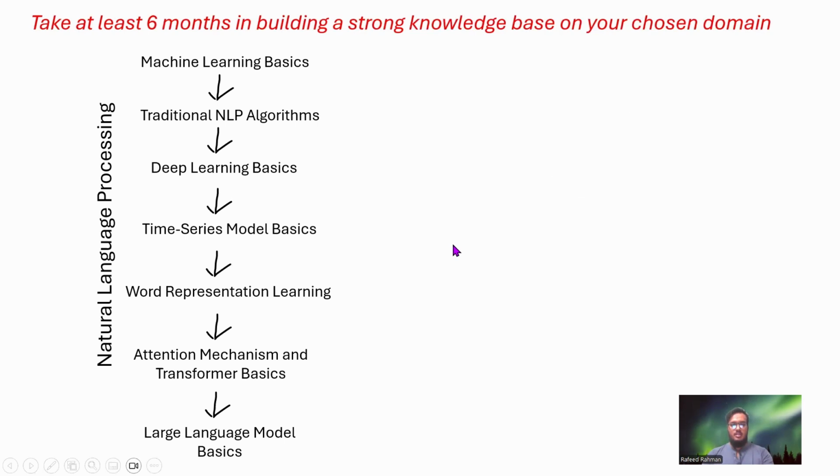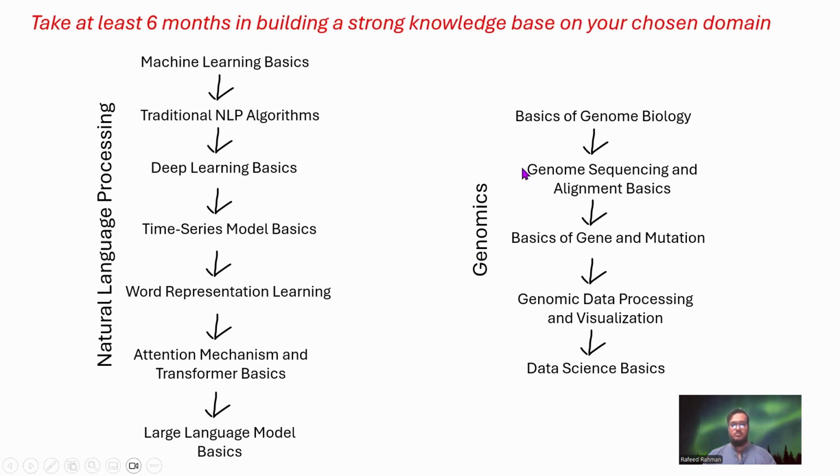Another example can be genomics. In genomics, you need to know the basics of genome biology. There are courses around this. Then you need to know the basics of genome sequencing and alignment, or else you will not really understand what kind of data you are even dealing with. Then you need to know about genes, gene expressions, and mutations, which are very common research topics now. Then any research on genomics is based on genomic data processing and data visualization.